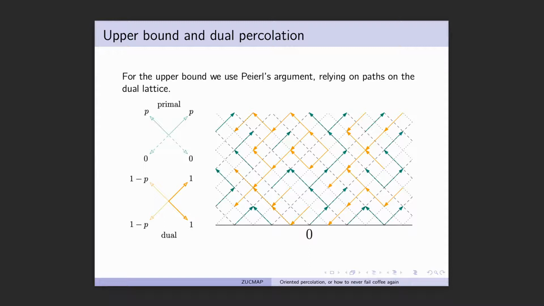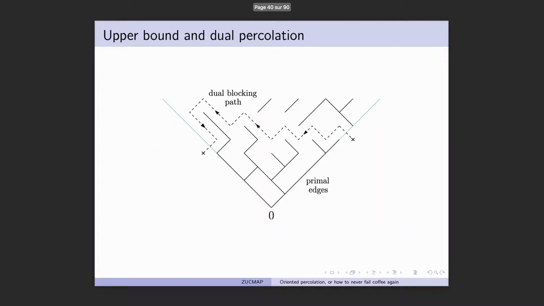So why do we need all that, you might be wondering? The reason is that when we start from 0 and we explore all the open edges and we try to see if we can go to infinity or not, in the case that we don't manage to, there should be some kind of blockade, something that prevents our exploration from 0 from going to infinity.